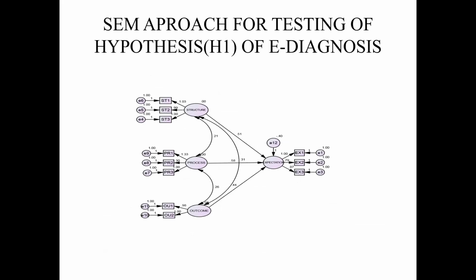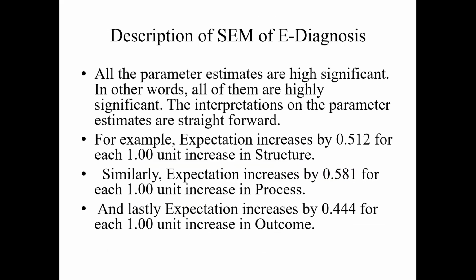The same approach is used for testing hypotheses of e-diagnosis. This is the SCM model of e-diagnosis. In the description of the SCM of e-diagnosis, all the parameter estimates are highly significant. The interpretation of the parameter estimates is straightforward.